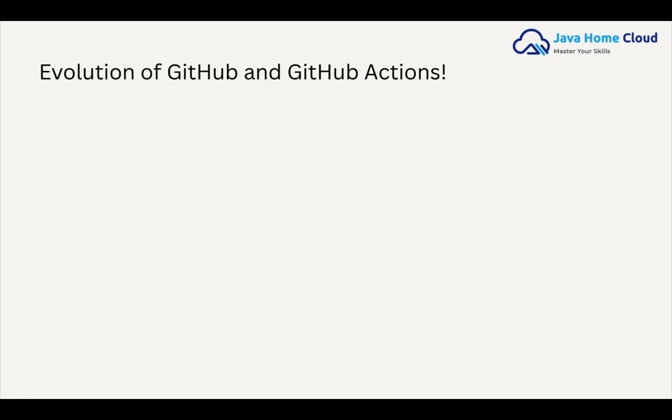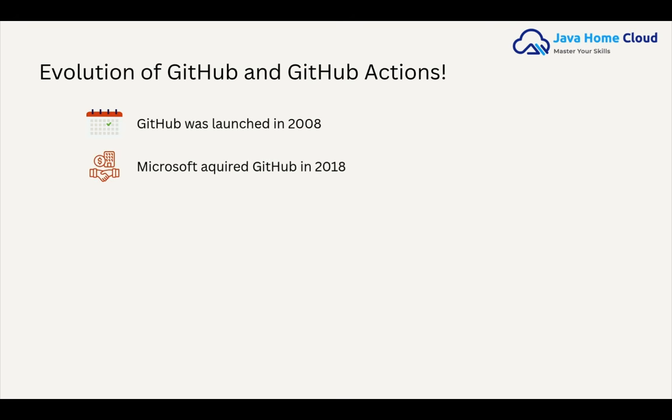Let's understand the evolution of GitHub and GitHub Actions. GitHub was launched in 2008 as a web-based platform for hosting Git repositories. It was only a Git repository hosting platform that made collaboration easier through pull requests, issues, forks, and branches. But in 2018, Microsoft acquired GitHub and began transforming it into a fully commercial product by introducing services such as GitHub Actions.